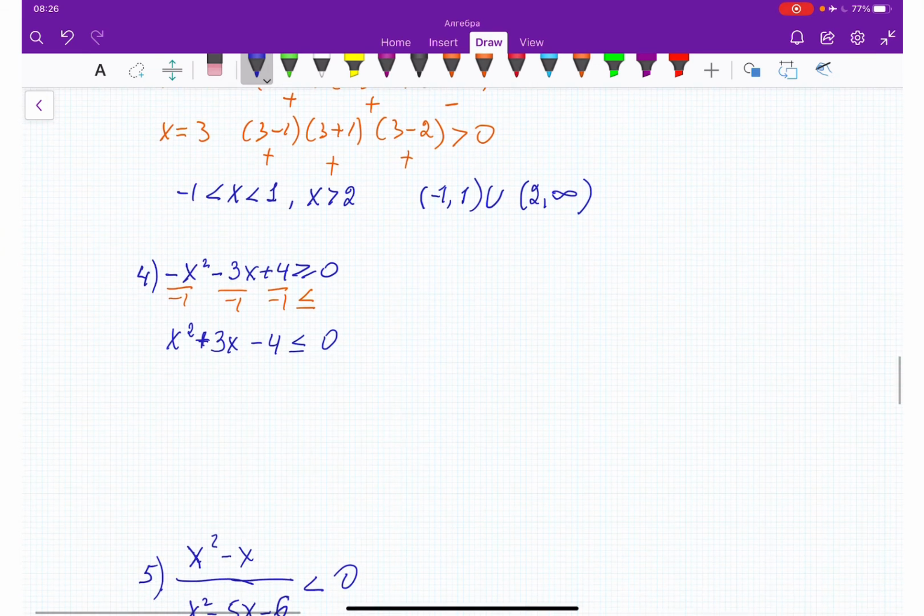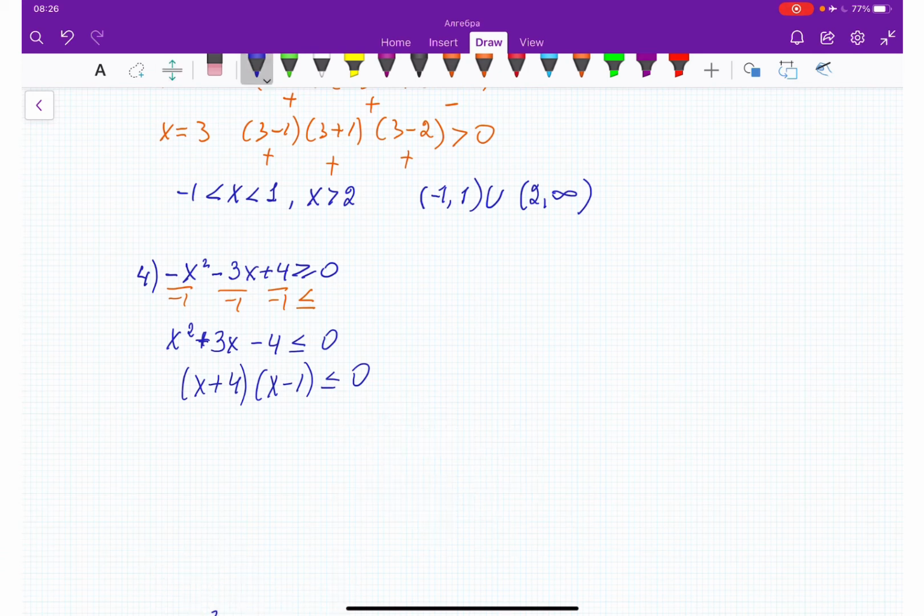Okay, so breaking down, what is it going to be? Positive 4, x plus 4 and x minus 1. Yes? Okay.